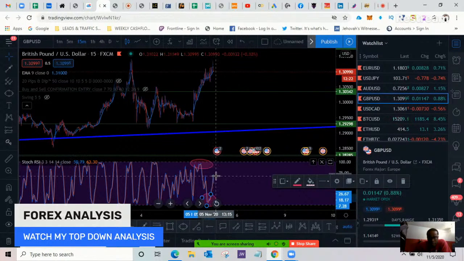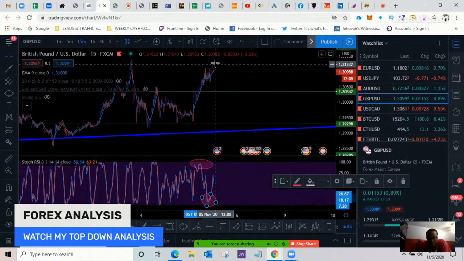Now, when we look here, price has already shot up plenty. Could this be a good entry? Possibly, if it retests. But what I would probably do is wait for price to reach all the way up here, and then look here to see where price is at.